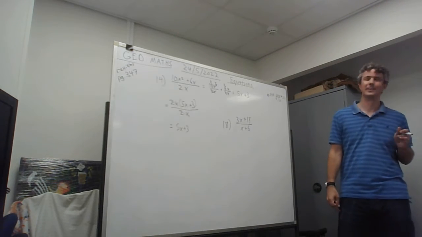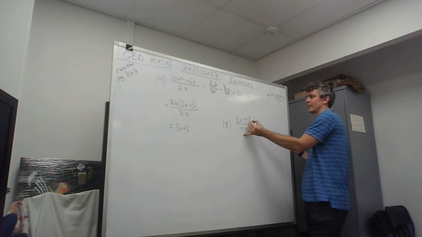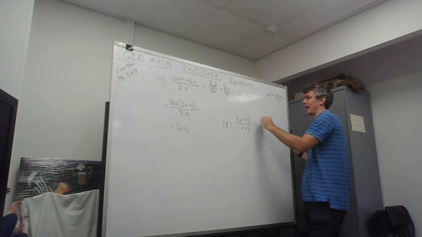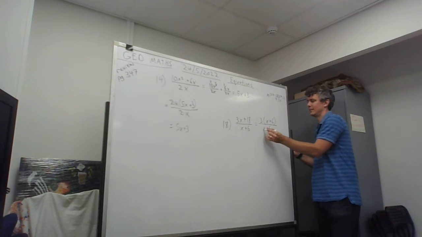That doesn't help. But if I look at this, 3x plus 18 has a common 3 in both of them, so let's just take the 3 out. So 3 times x plus 6, all over x plus 6. These are going to cancel each other. There we go, so that equals 3.